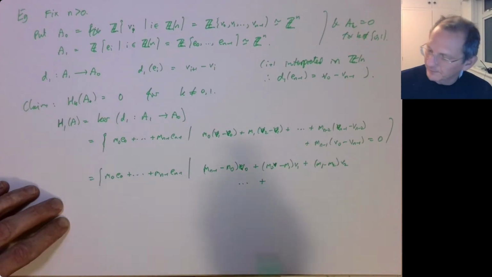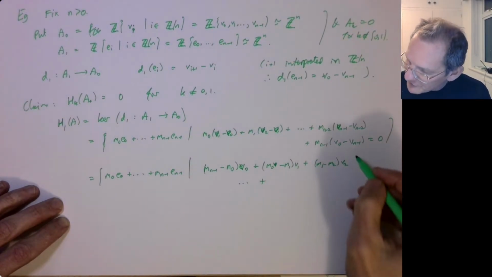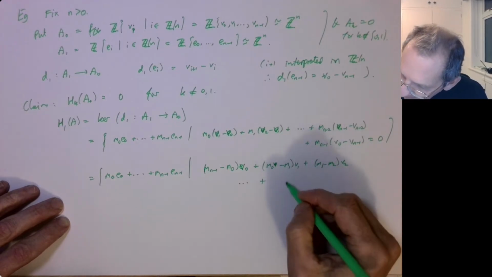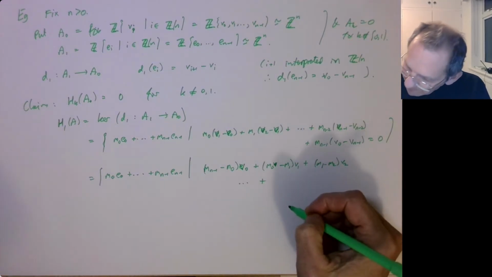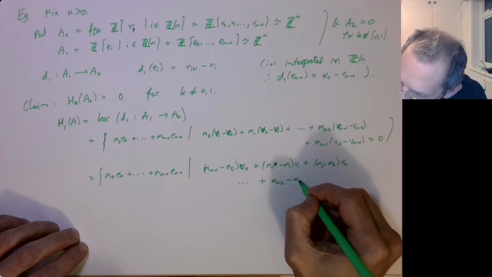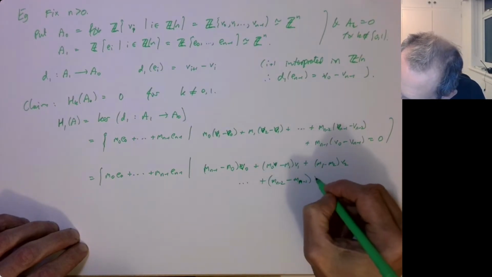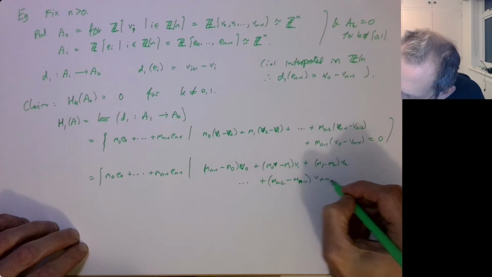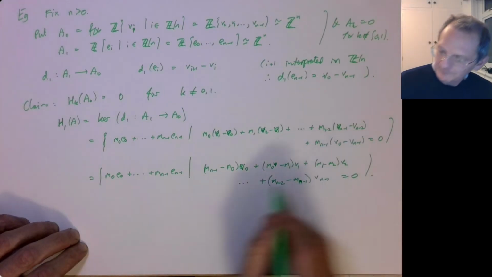And then at the end, if you're looking for the coefficient of Vn minus 1 here, you get a Mn minus 2 minus Mn minus 1 Vn minus 1. Okay.